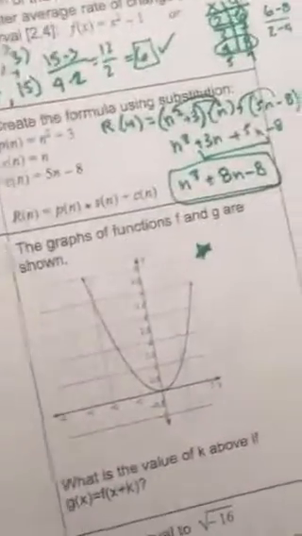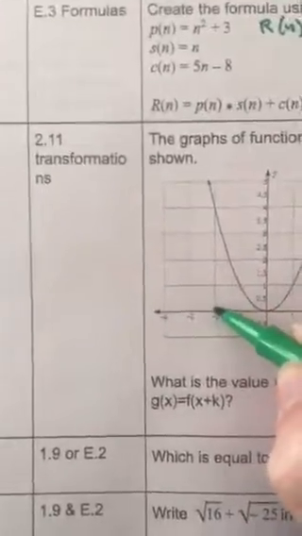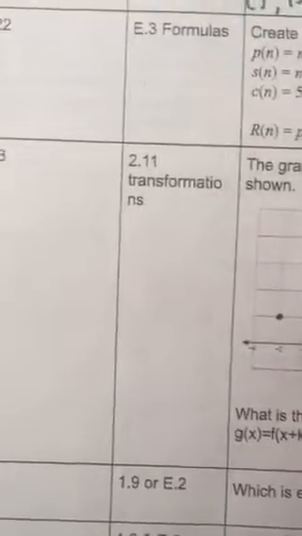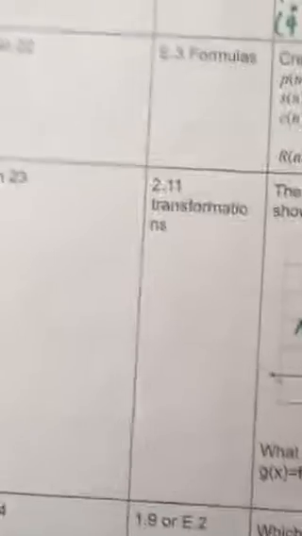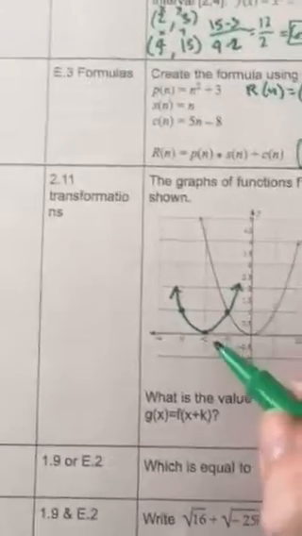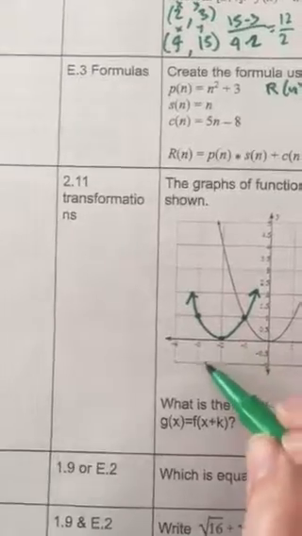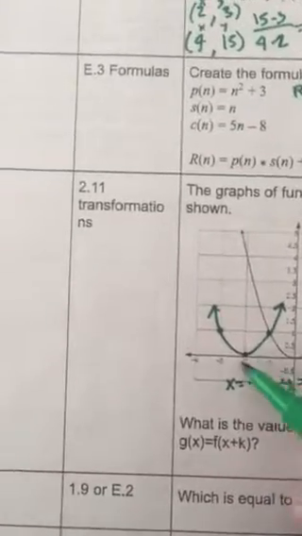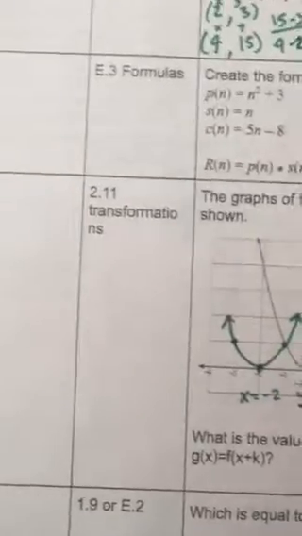So if I were to write, I'm just going to make one up. I'm going to put one right here. I'm going to put a quadratic. If I were to be asked what is the value of k above, if I were to take this x, that's my vertex, so -2, 0.